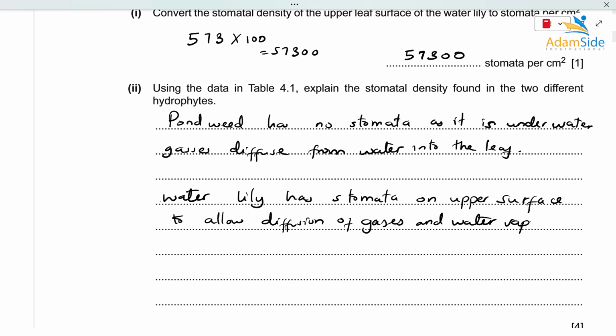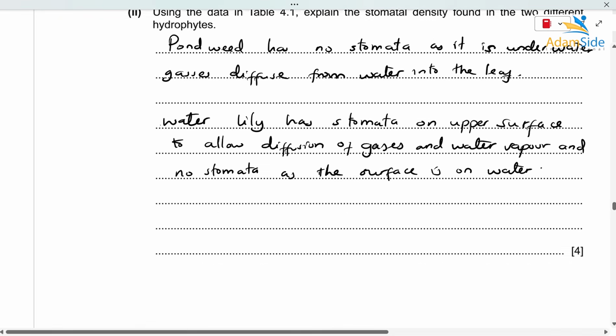All right, and no stomata on the lower surface, as the surface is on water. All right, yeah. So this is the distribution of stomata in these two hydrophytes given. Okay.